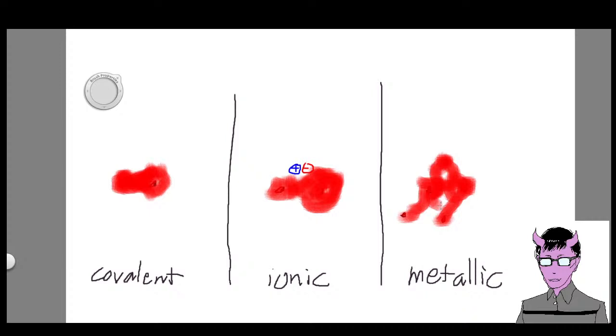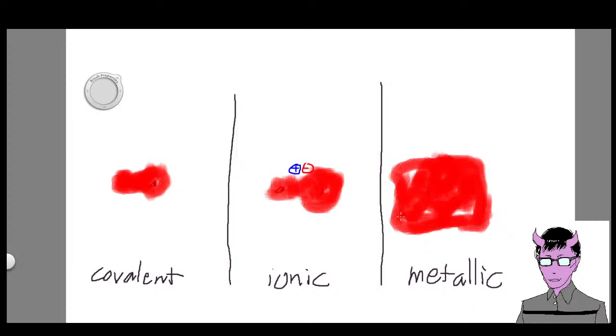And then this one drifts over to here, and the electron clouds are all over the place, and that's how you hold all these atom nuclei together, is when you have this overall sea of electron cloud density that holds them all together. And you get connected atoms as such.